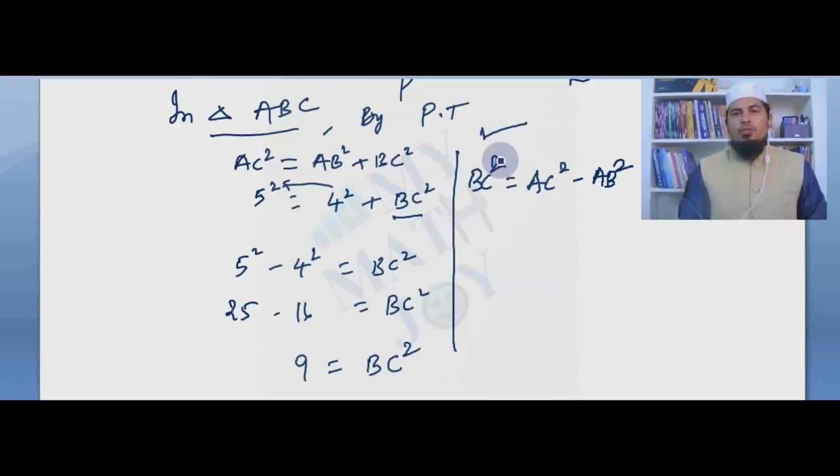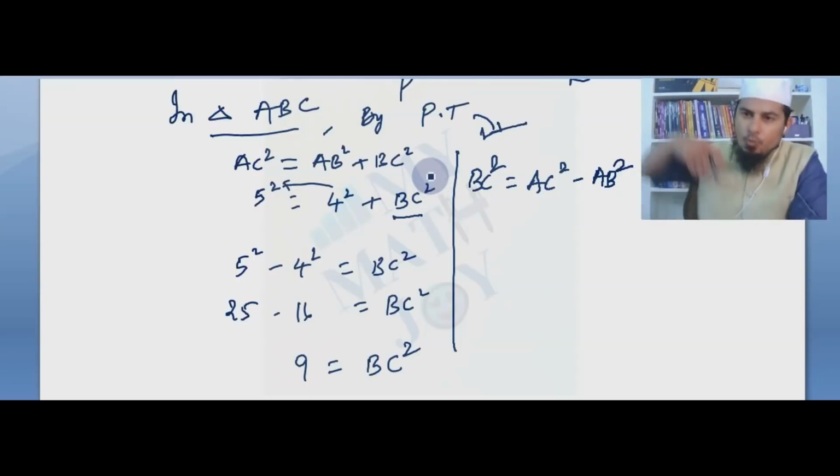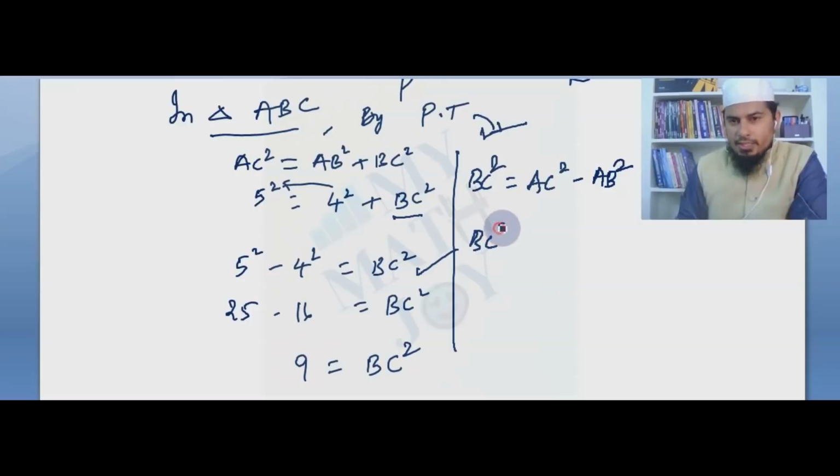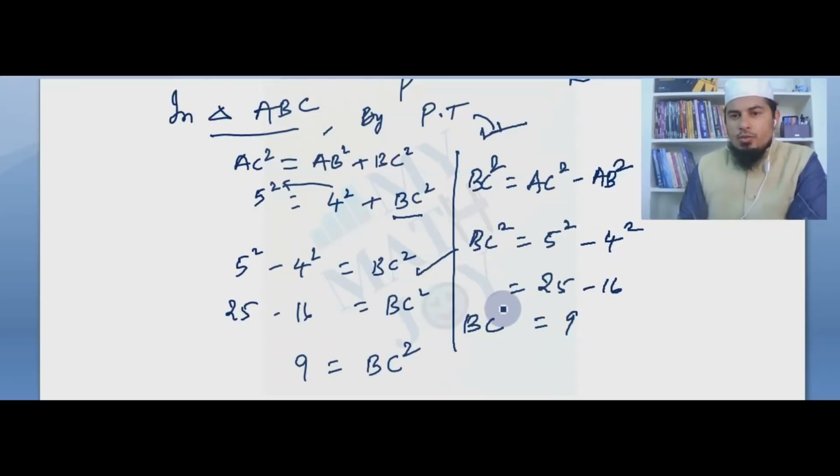This is also the Pythagoras theorem, where I have just transposed the unknown side to the left side. If we want, we directly reach this step. So BC square: AC is 5 square, AB is 4 square, and 25 minus 16 is going to be 9. BC square is 9 and BC is under root 9, which is 3.